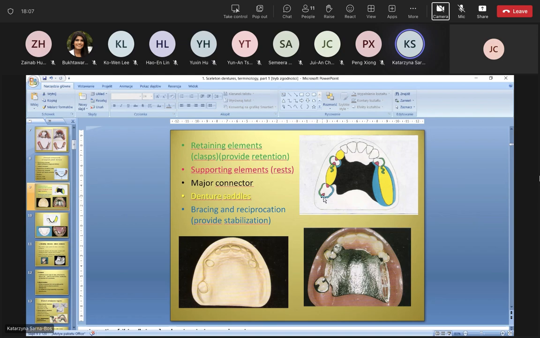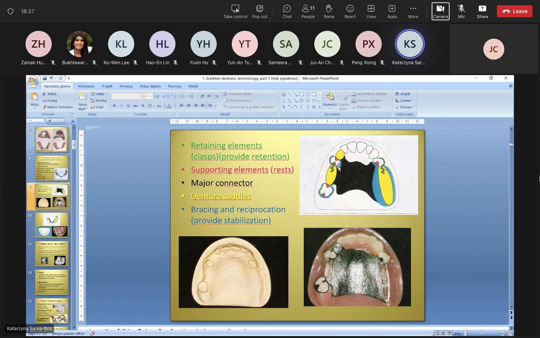The red one, these are the supporting elements, in other words, the rests. Then we have the major connector, which connects both elements from the right and left sides.